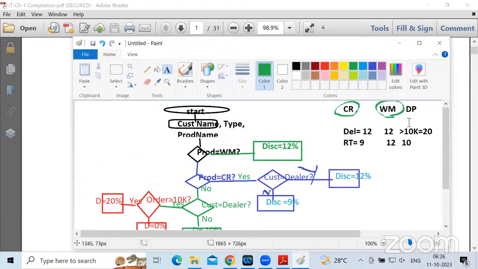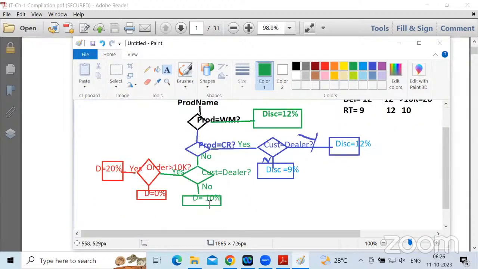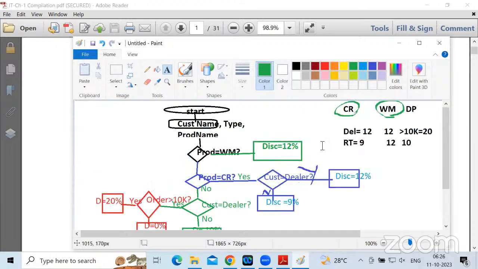Observe here. If the product is decorative product and the amount is more than 10,000 for a dealer, 20% is the discount. If the customer is a retailer, irrespective of the order, 10% is given. So now verify 10%, 20%, 0%, all are incorporated.